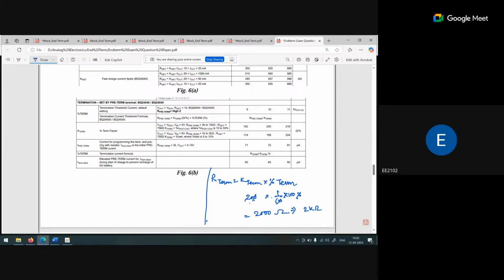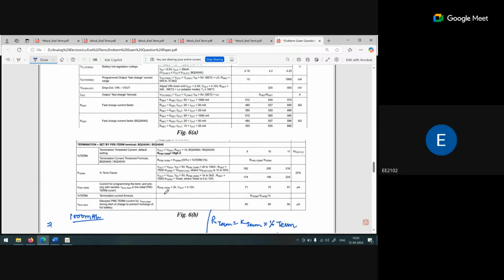Now you have to calculate, if you use a 1000 mAh battery, the approximate time. Yes, sir.